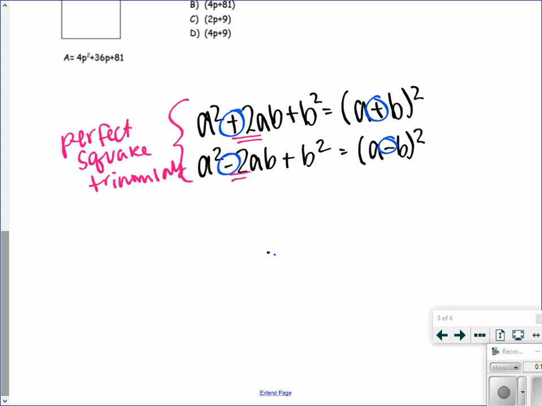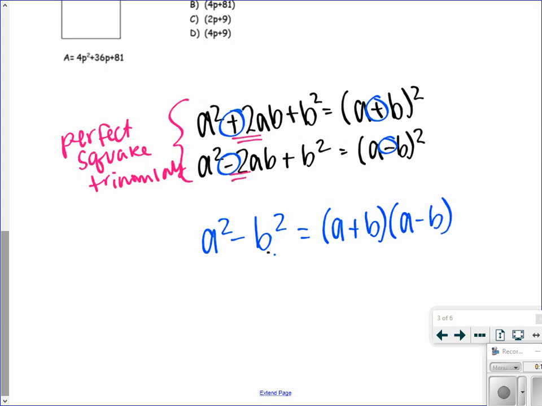Something that is also on your formula chart is a squared minus b squared equals (a plus b)(a minus b), which is what we were just doing for our difference of squares. So I just want y'all to know that it's on your formula chart. This one I think is a little bit more understandable, at least in my eyes, of like, oh, it has the two things squared, the plus minus thing.